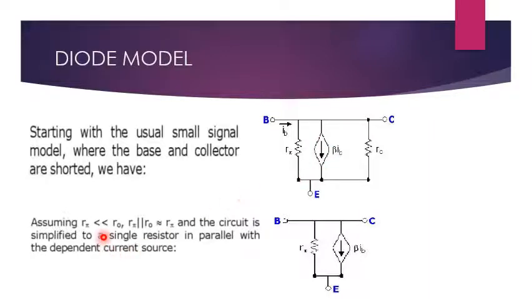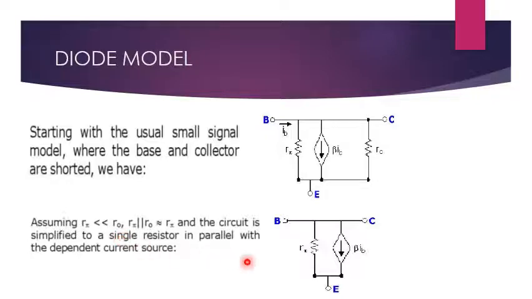You will study R pi in detail in small signal. R pi is very much less than R naught, that is the output resistance. So R pi parallel to R naught is approximately R pi, because R naught is a very large value, and obviously the large resistor values we are going to avoid.